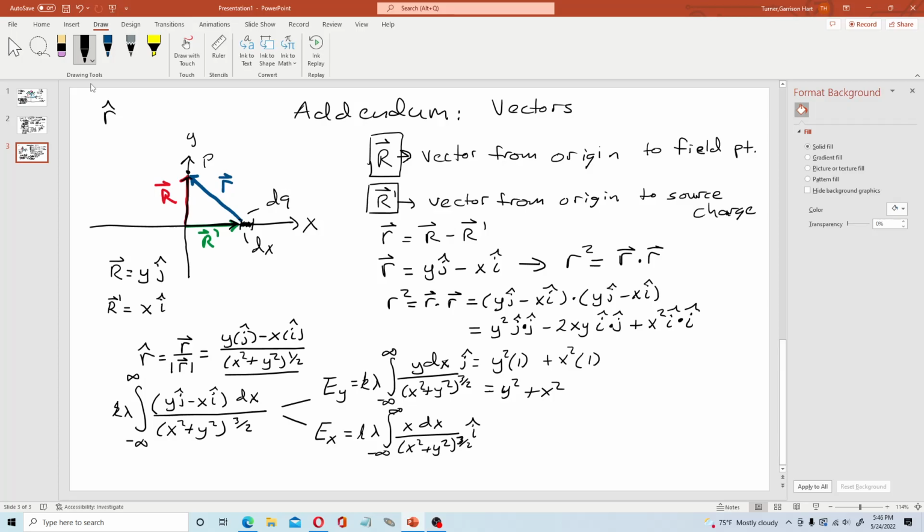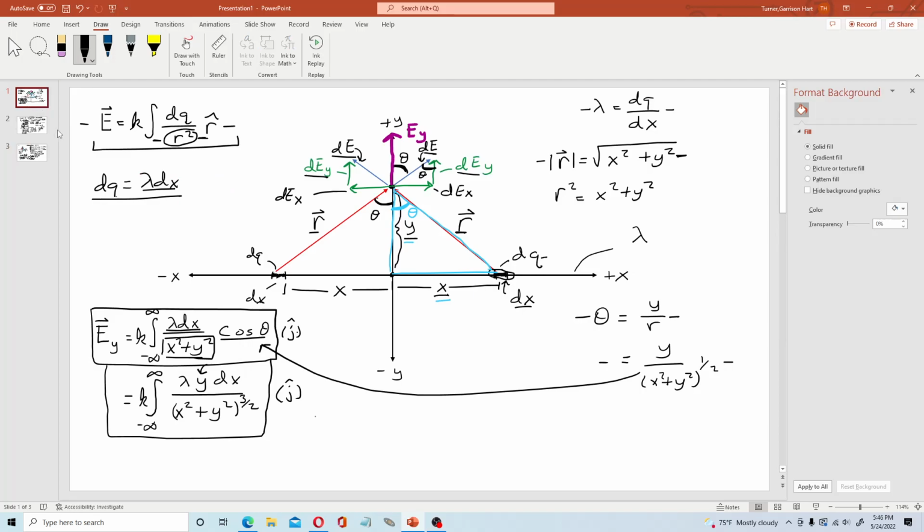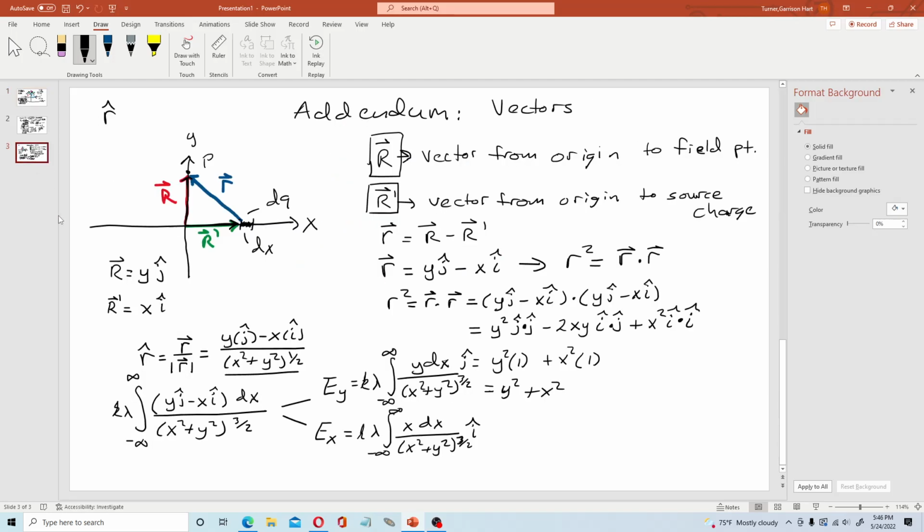Now the claim in the original derivation was that the I component, the horizontal or x component, would cancel out, right? And there we argued this by symmetry. Here you would be able to argue it mathematically. This integral goes to 0. How do I know that without doing any math whatsoever? Because this is an odd integral.